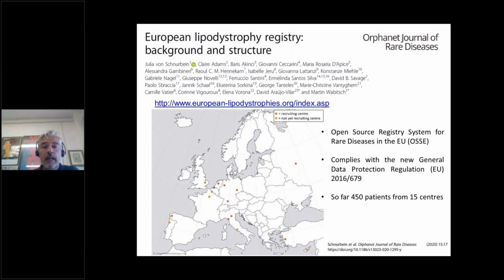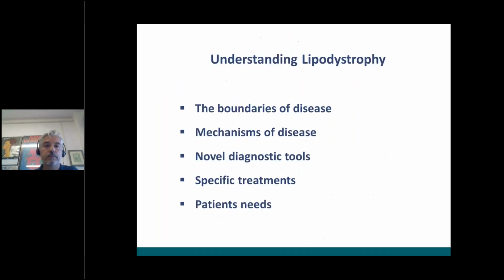And this ECLIP registry will obviously in the future be connected to all the registries related to the Endo-ERN activities. So why did I entitle it Understanding Lipodystrophy?